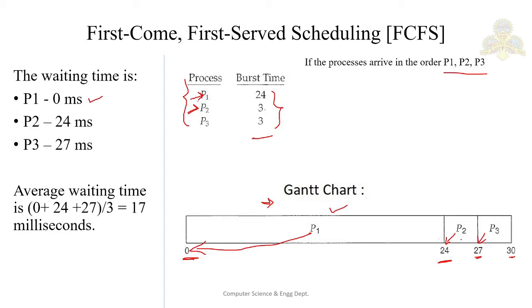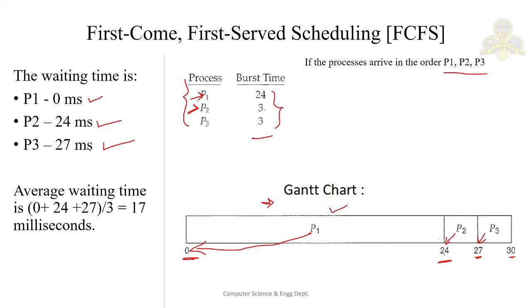So the waiting time of P2 is 24 milliseconds. Next is P3. How much time has your P3 waited to get the CPU? Your P3 has waited 27 milliseconds. So the waiting time of P3 is 27 milliseconds.